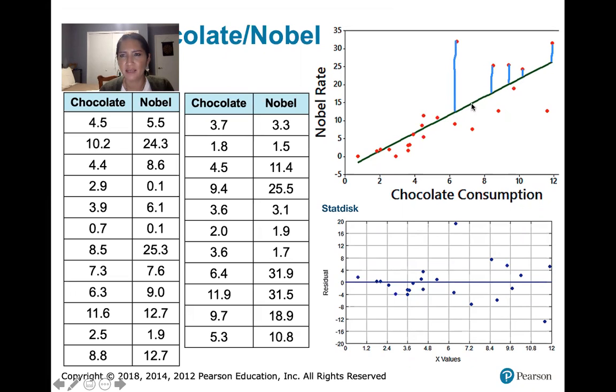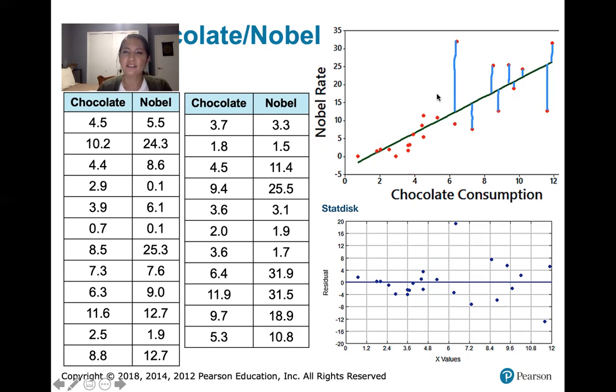And then all of these down here, the Y minus Y hat value will be negative because they're below the line. But the directed lengths of the line segments: for the line segments that are above the line, we find the distance and then we count that distance as positive, and for the line segments below the line, we find the distance and then we count that distance as negative.